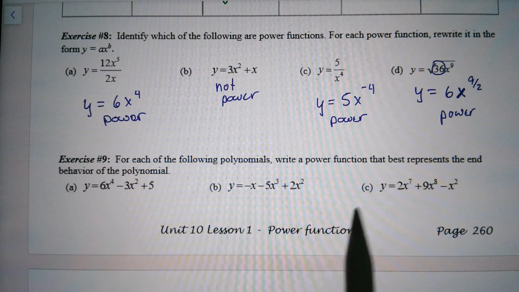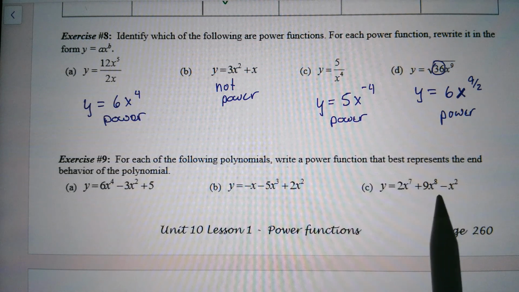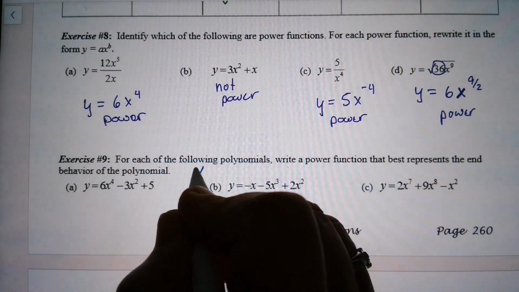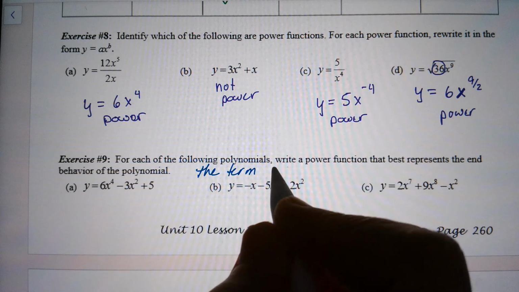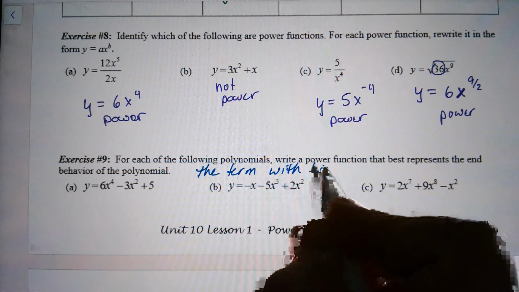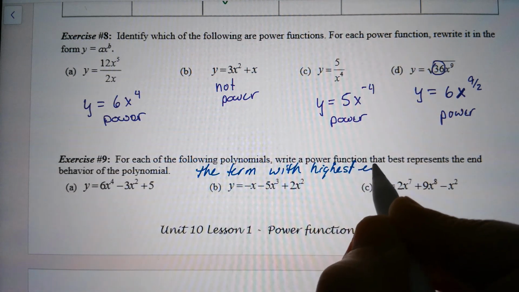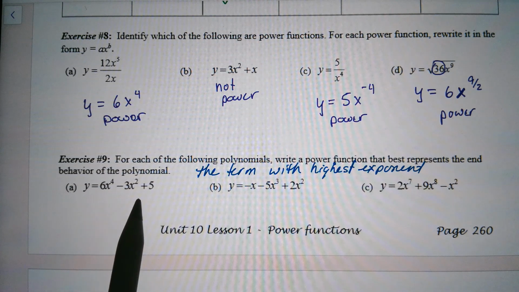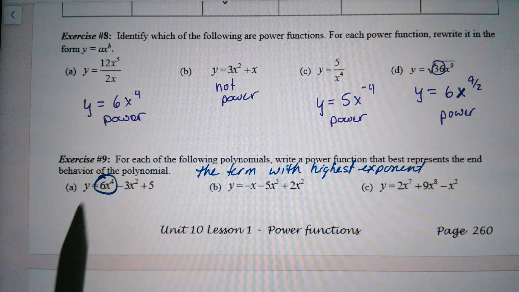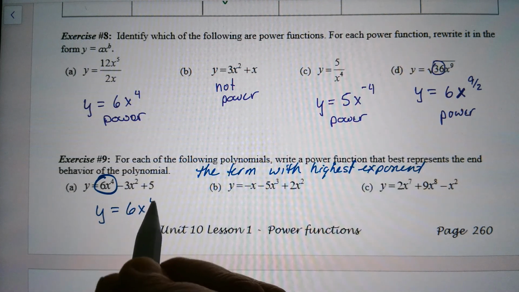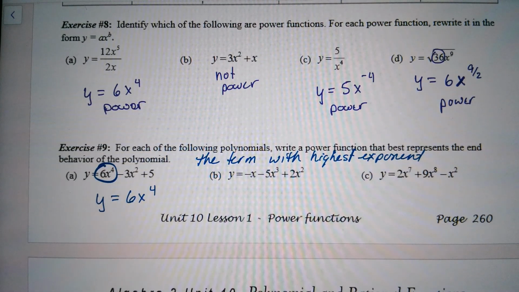For each of the following polynomials, write a power function that best represents the end behavior of the polynomial. It's going to be the term with the highest exponent. So the term with the highest exponent, the power function it would resemble is 6x to the power of 4.